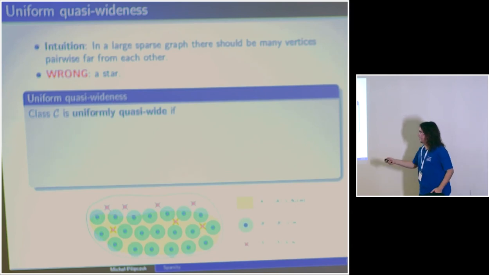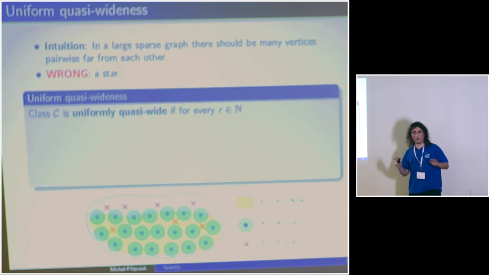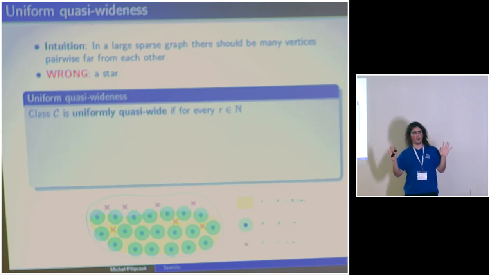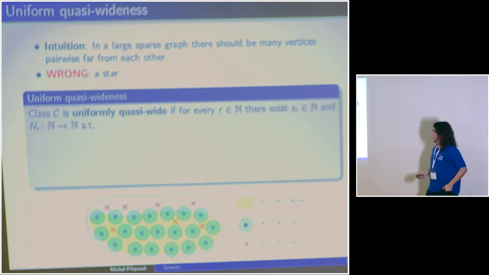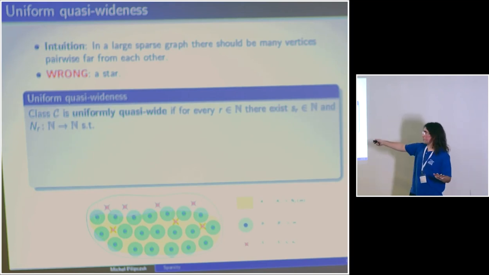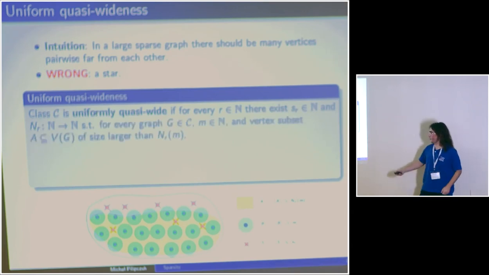So a class C is uniformly quasi-wide if the following holds. Let me first fix the radius r I'm interested in. This will mean far. Then there exists some constant s_r, this will be the number of vertices I will delete, and a function N_r, a function governing how large a graph I need to take in order to find many vertices, such that the following holds.